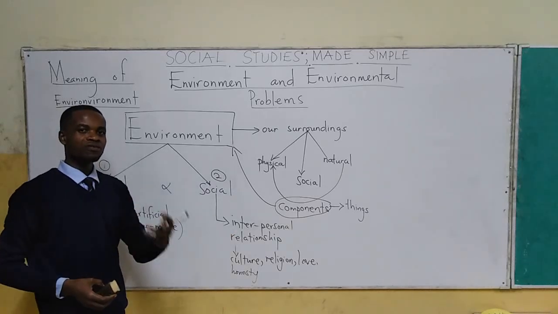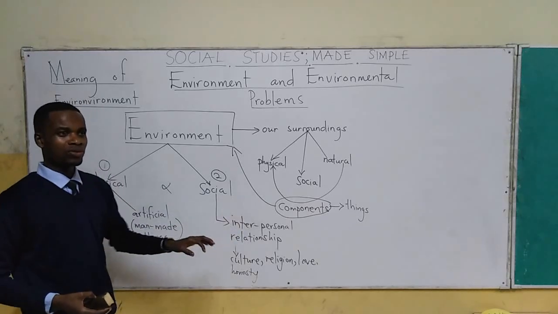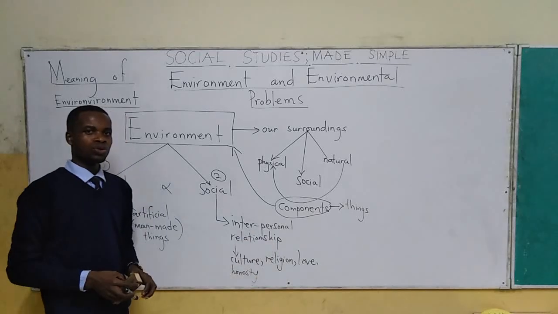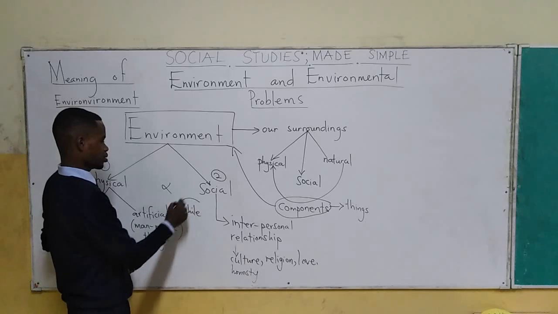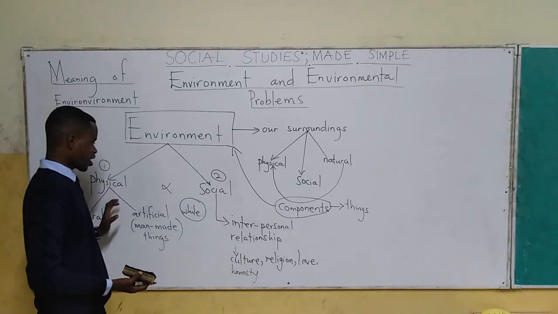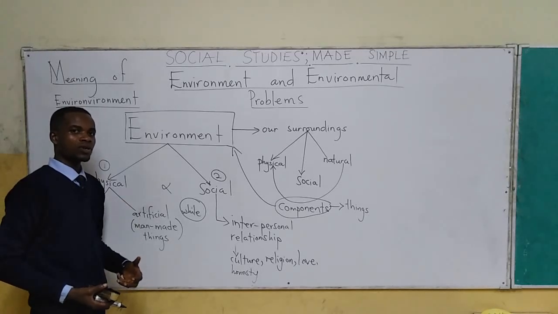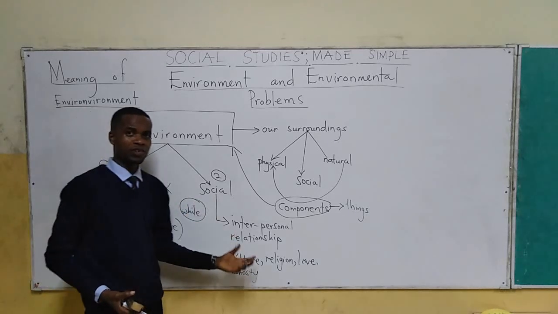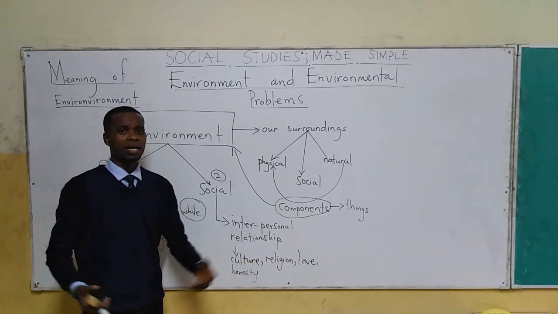So if you are to differentiate between physical environment and social environment, what you have to do is to compare the two, pick their meaning, and then you bring the word wow. So in short, you say physical environment refers to the natural and artificial things or surroundings, while social environment refers to the interpersonal relationship that exists between mankind.